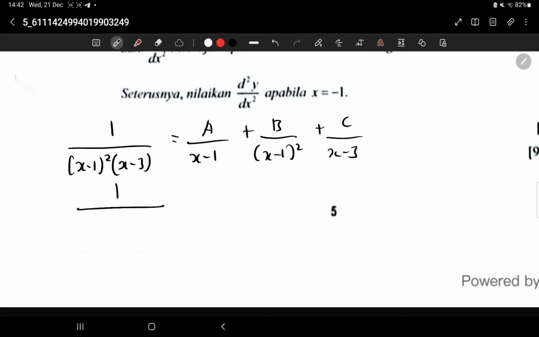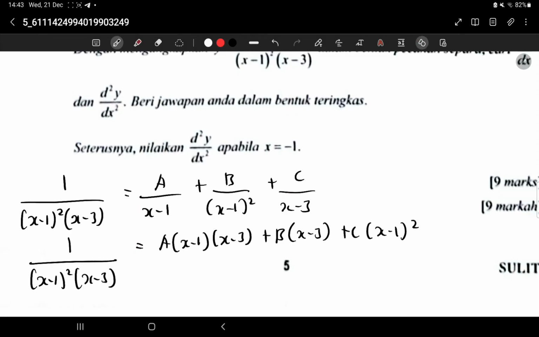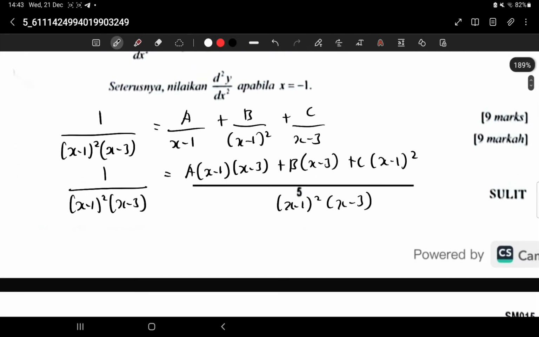So we will get 1 over x minus 1 squared, x minus 3 is equal to a times x minus 1, x minus 3, plus b times x minus 3, plus c times x minus 1 squared, and from here we are dividing it by x minus 1 squared, x minus 3. Hopefully there are no mistakes here.